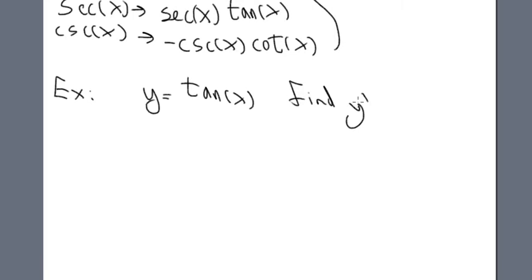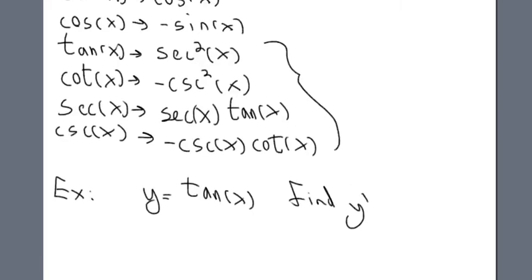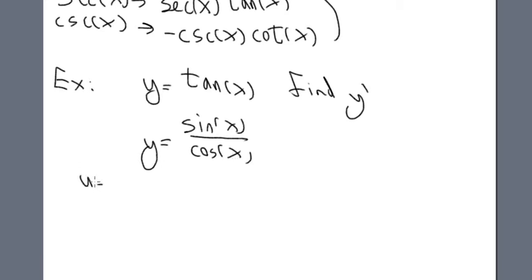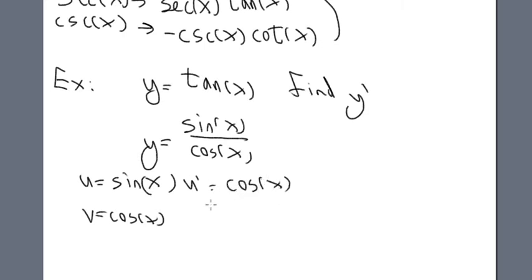So, I could just look at my list and say, hey, it's secant squared x, but I'm not going to. What I'm going to do is rewrite this. Tangent is sine over cosine, and now it's a quotient rule. Top is sine of x, bottom is cosine of x, u prime is cosine of x, v prime is negative sine of x.